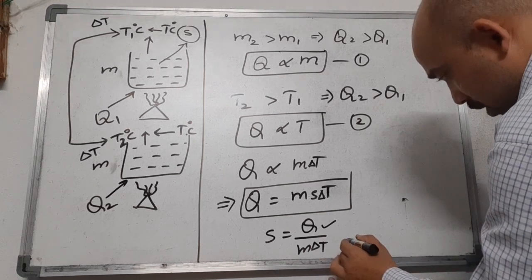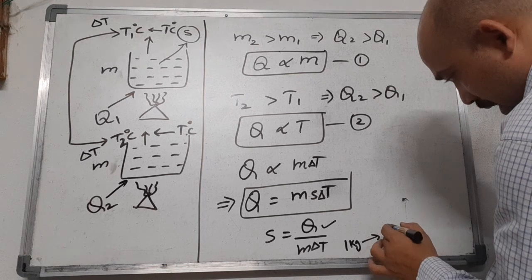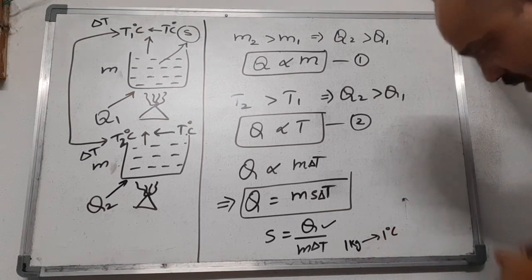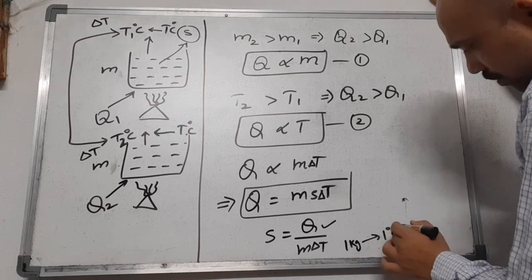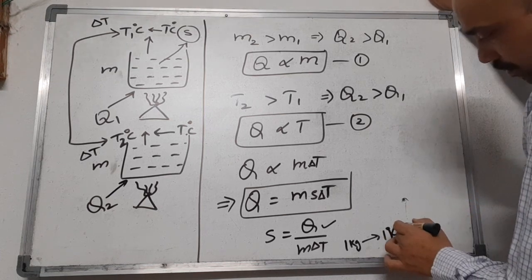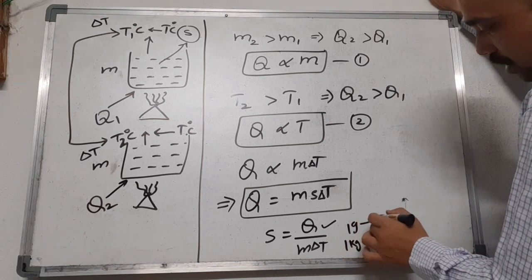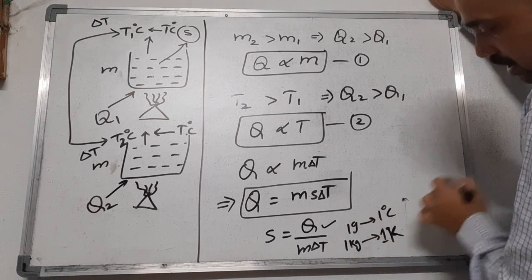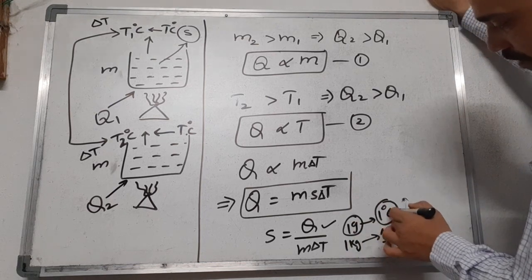So suppose 1 kg of mass, we are increasing the temperature by 1 degree Celsius, or 1 degree Kelvin, or 1 gram of a substance by 1 degree Celsius.